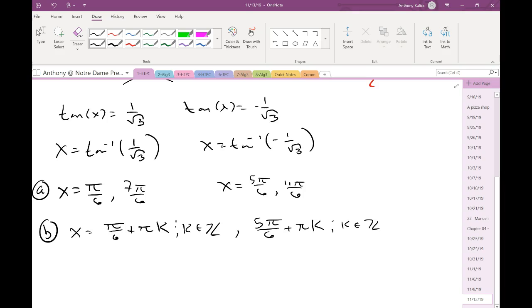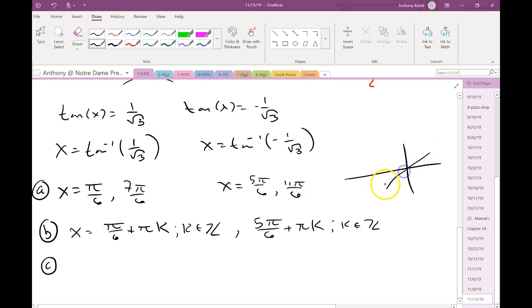Ann, are you okay with that? I don't think I probably would have marked down had you done 4 separate ones with 2 pi k's there. Okay. So we have pi over 6 is here, right? And 7 pi over 6 is here, right? Yep.